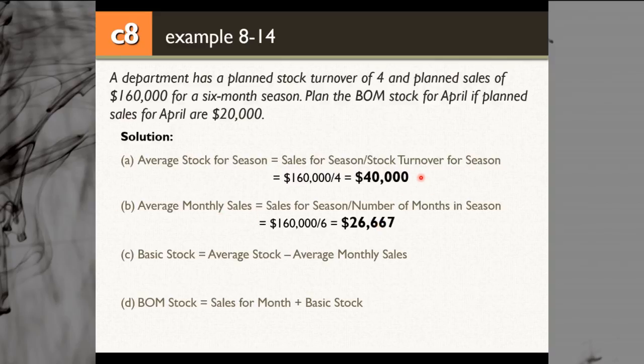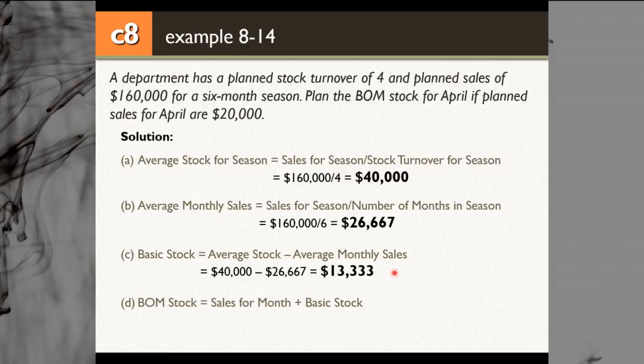Now you have the average stock and the average monthly sales, and you can do step 3 by taking the difference between these two. Basic stock is your average stock minus average monthly sales. So this is 40,000 minus 26,667, which gives you 13,333 as your basic stock.